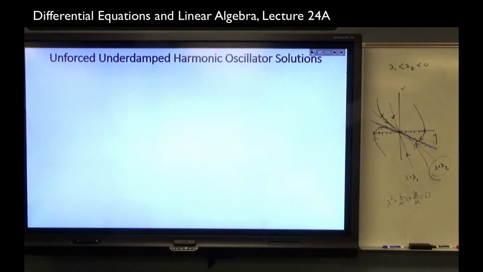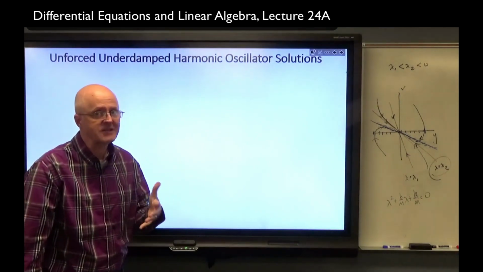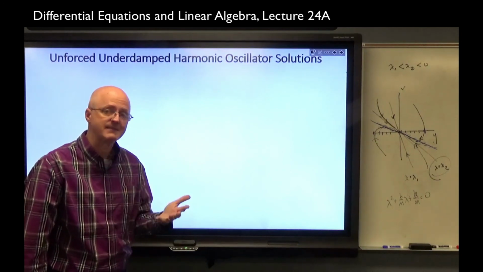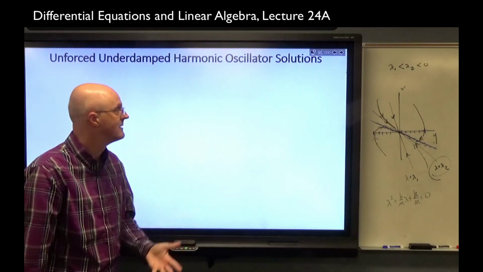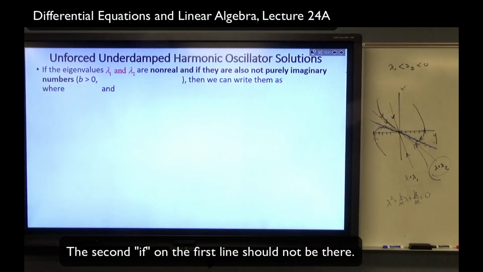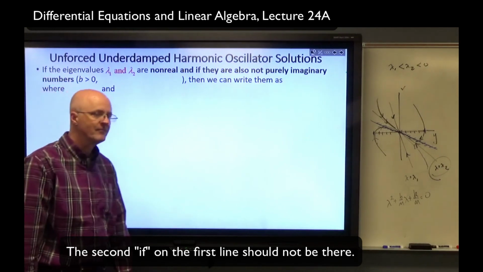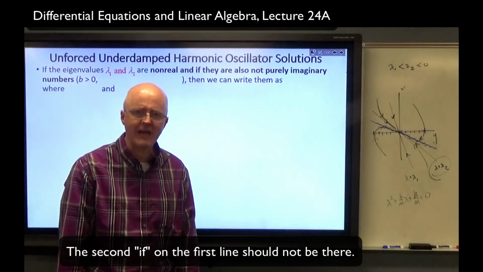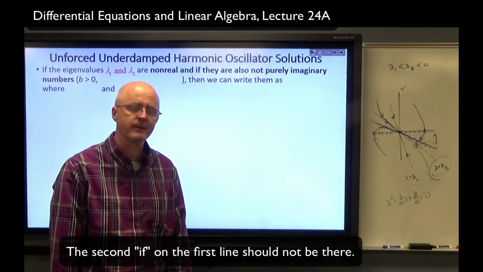What about underdamped? A small amount of damping. Underdamped doesn't mean undamped. There will be damping, it's just relatively small. B is positive, but not too big. In that case, the eigenvalues are going to be non-real complex numbers, with non-zero imaginary part, is what I'm trying to say ultimately by saying non-real.